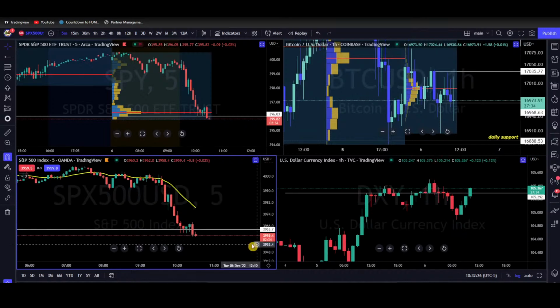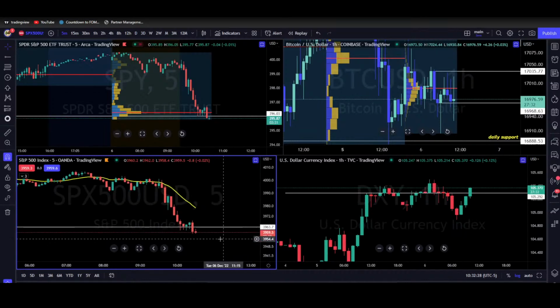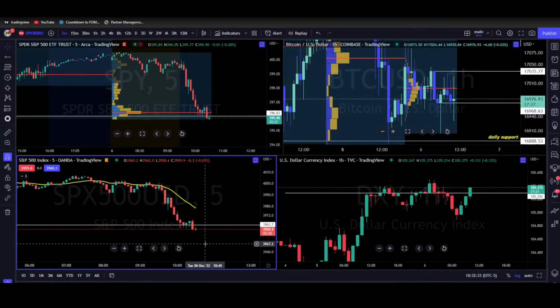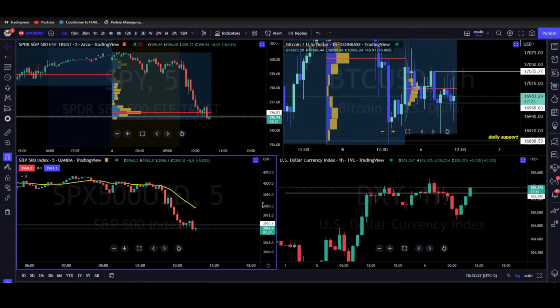But we'll see how it closes today. A nasty huge red day, man, and it's going to look like there's going to be further downside continuation.